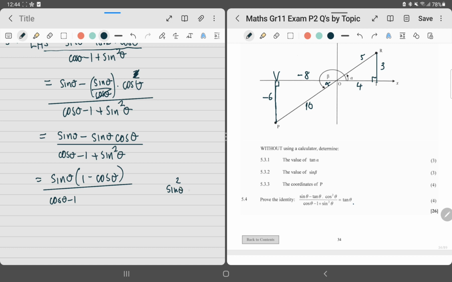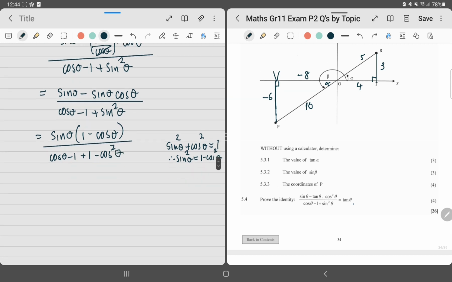Sine squared theta plus cos squared theta is equal to 1. Therefore, sine squared theta should be equal to 1 minus cos squared theta. So this is going to be plus 1 minus cos squared theta.